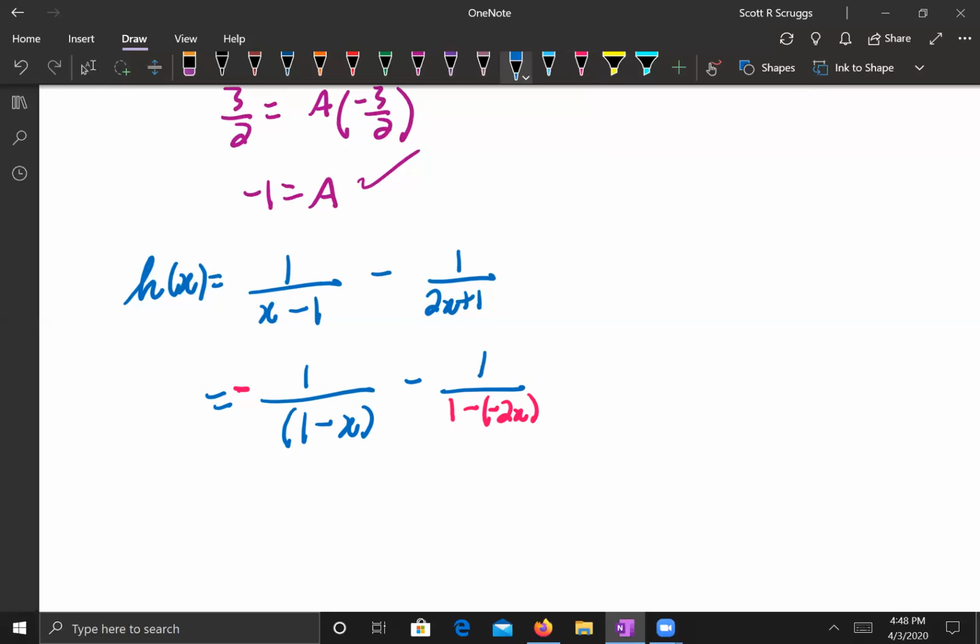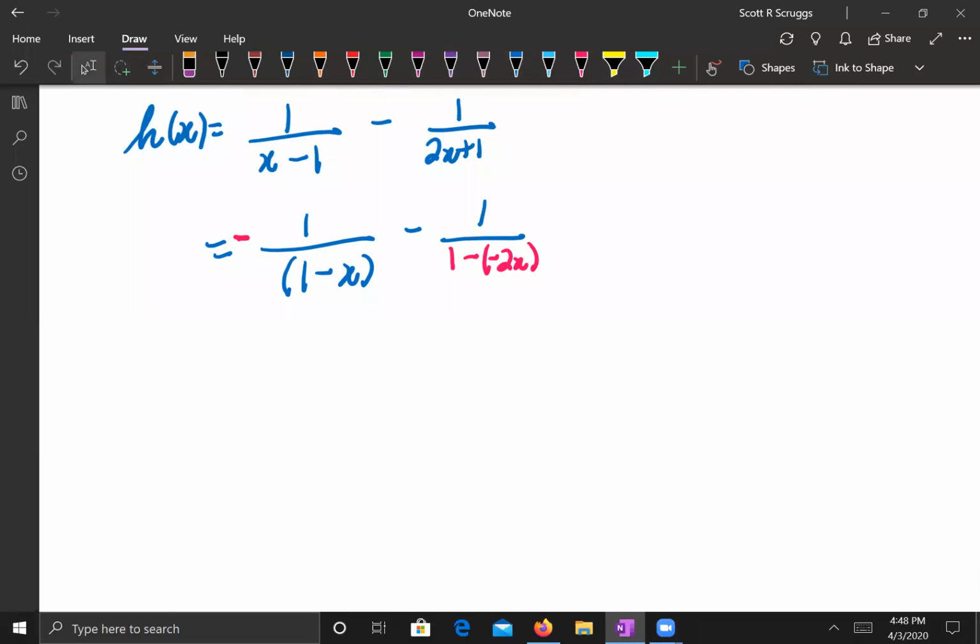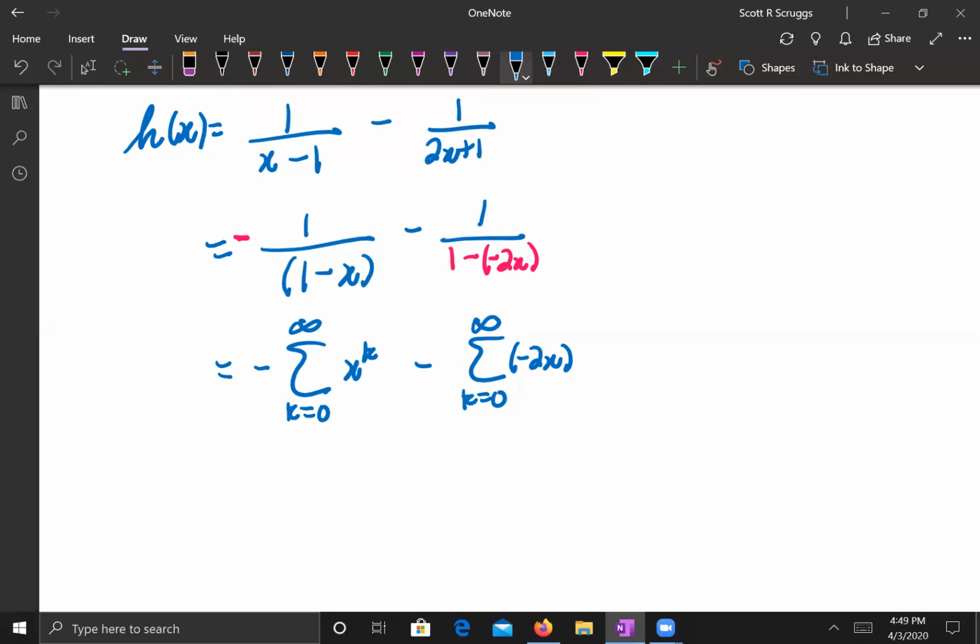So now I get to use my power series representation. Well, this is our normal power series from before: the sum k goes from 0 to infinity of x to the k, minus the sum k goes from 0 to infinity of negative 2x to the kth power.